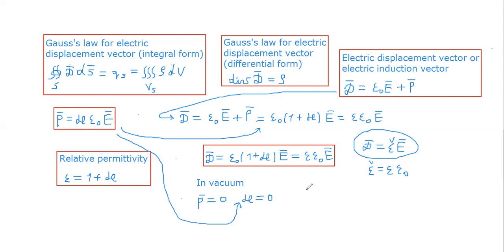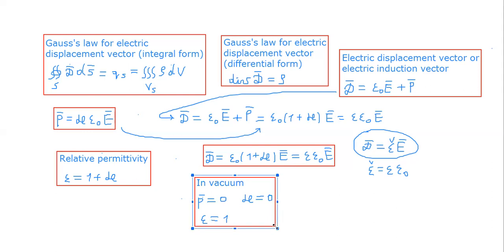And it means that the relative permittivity is equal to 1. In vacuum, relative permittivity is equal to 1.